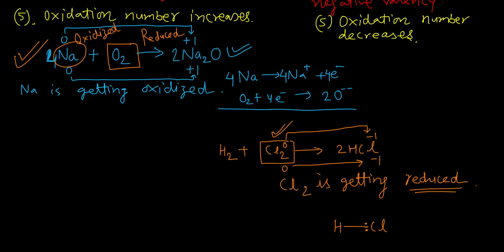Because of this, a partial negative charge appears on the chlorine atom and a partial positive charge on the H atom. So a kind of partial pulling of electron is happening by chlorine, so this also verifies the reduction process.